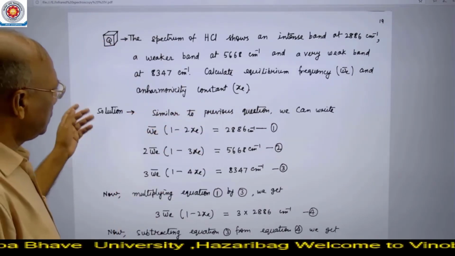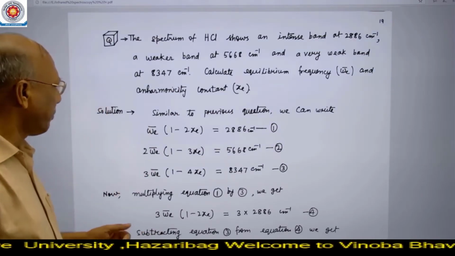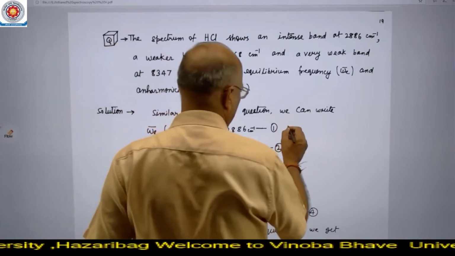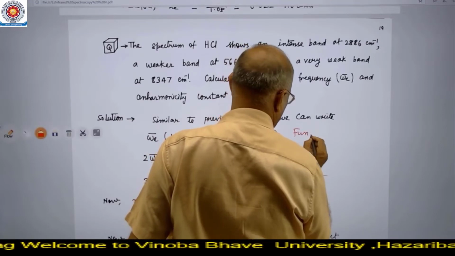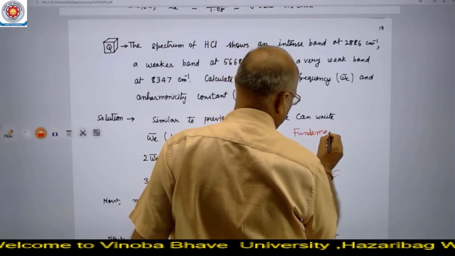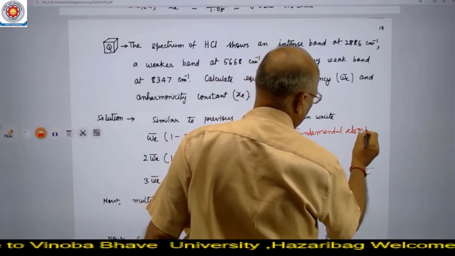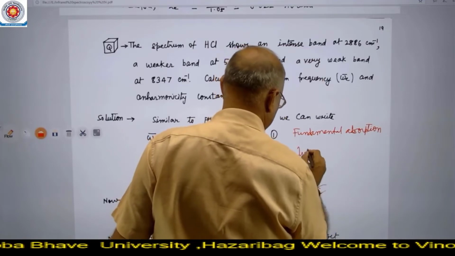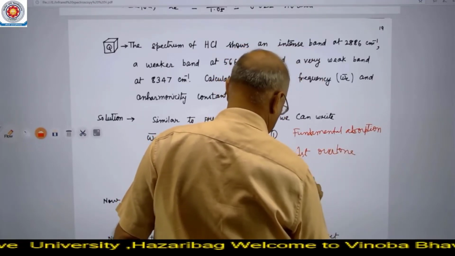According to the previous question, here again we can write: this is fundamental absorption, this is first overtone, this is second overtone.